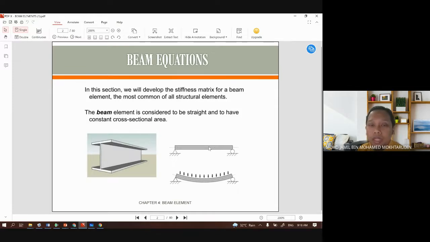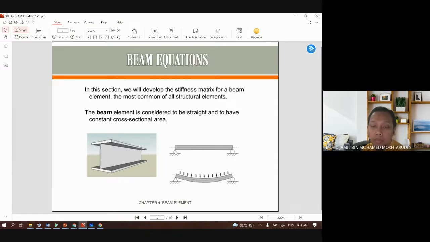The beam element is considered to be straight, and has a constant cross-sectional area. Sometimes it is in this form, the letter I.